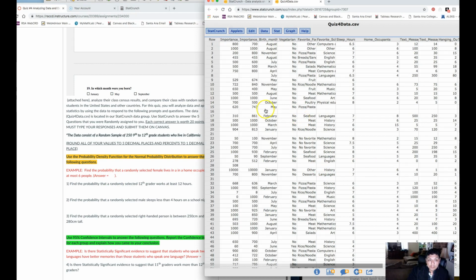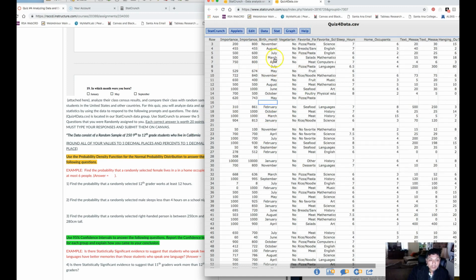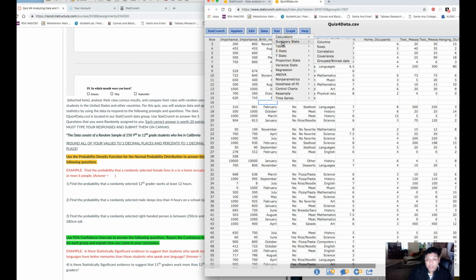The first thing we need to do is isolate that type of person. I want to get the summary statistics, because in order to do the normal probability distribution, we need to know the mean and standard deviation of the number of people who live in the home for females.